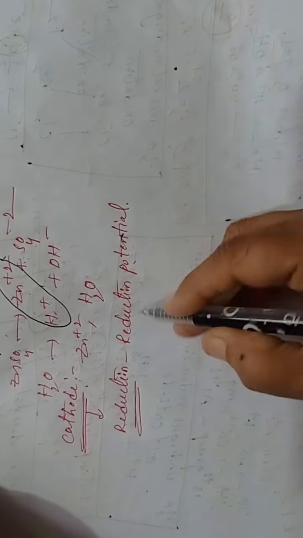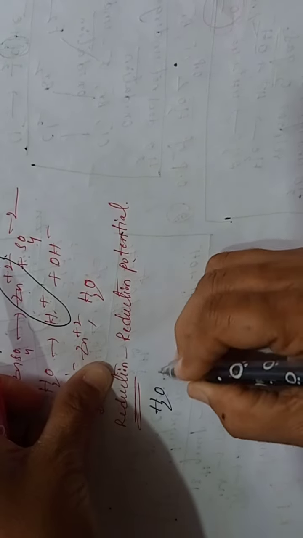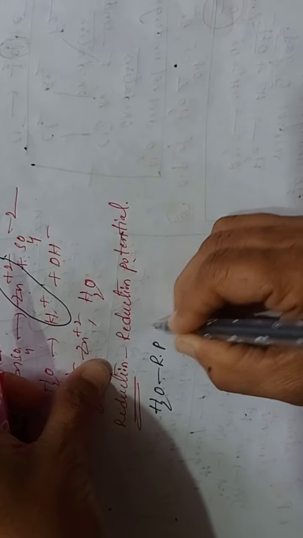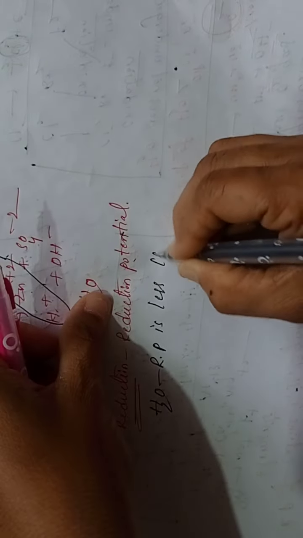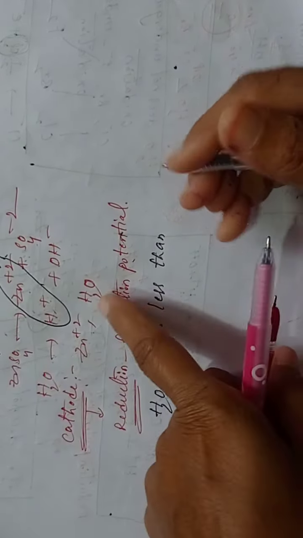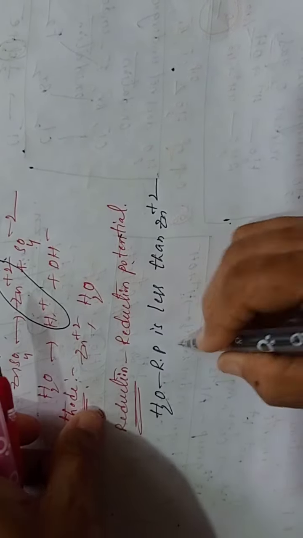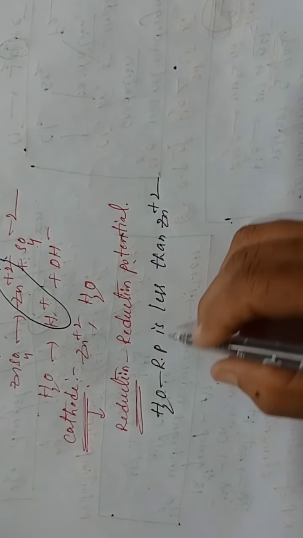So at the cathode, we know that the reduction potential of water is less than that of Zn plus 2. Clear this one? So what will happen, students?